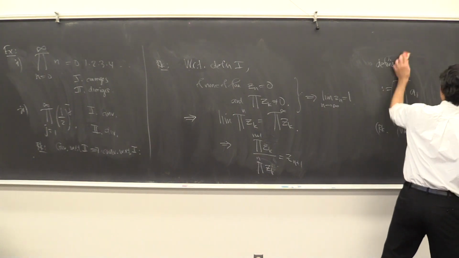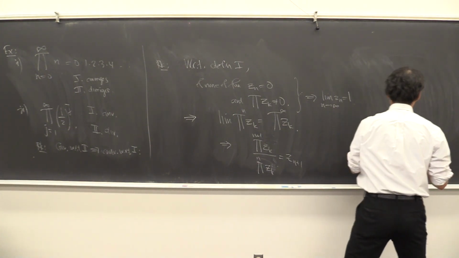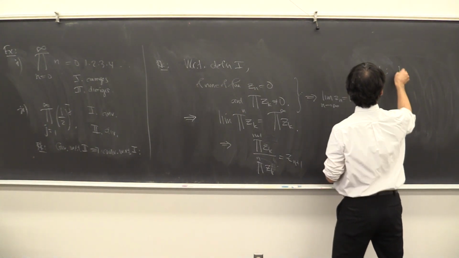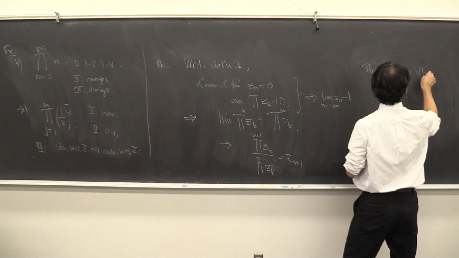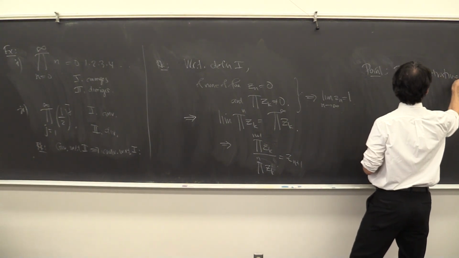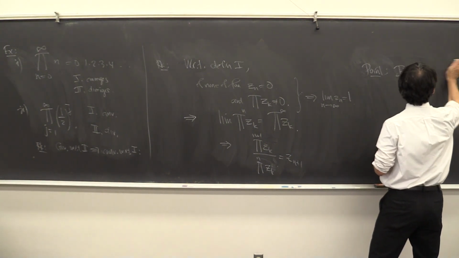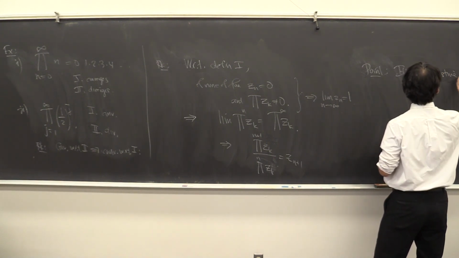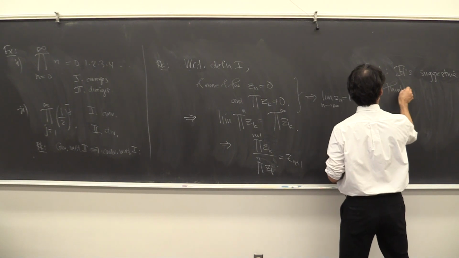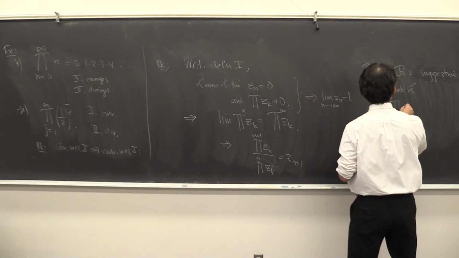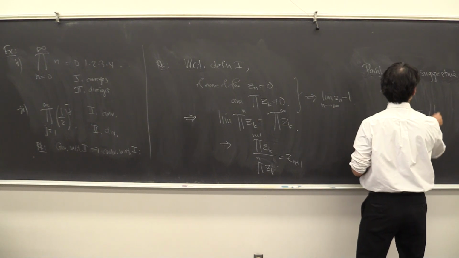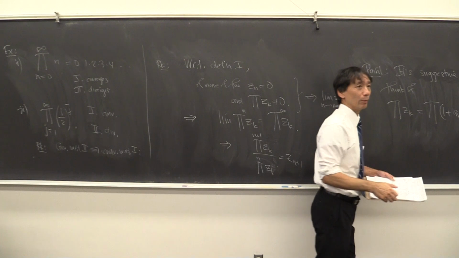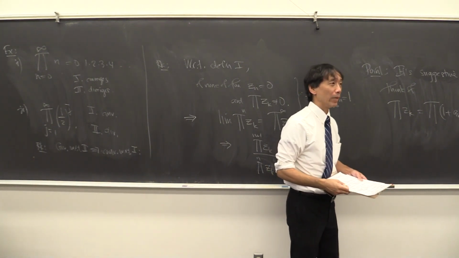So what's the point? The point is that it's illustrative, or maybe suggestive. I'm not sure what's the right adjective. It's suggestive to think of this product as rather a product of things of this form, 1 plus something, right?